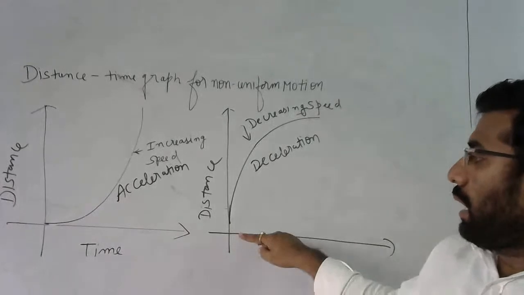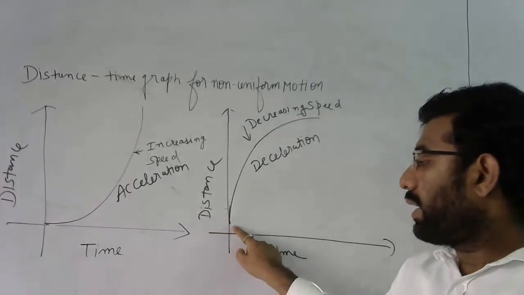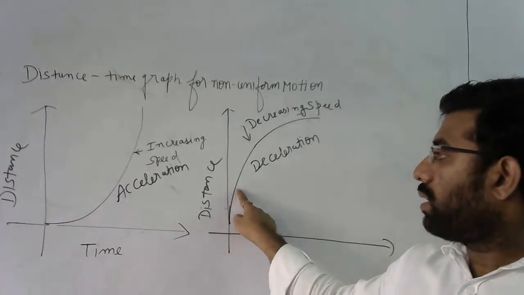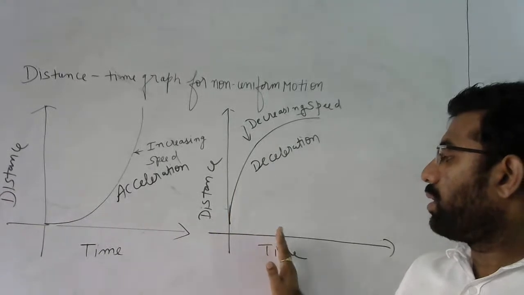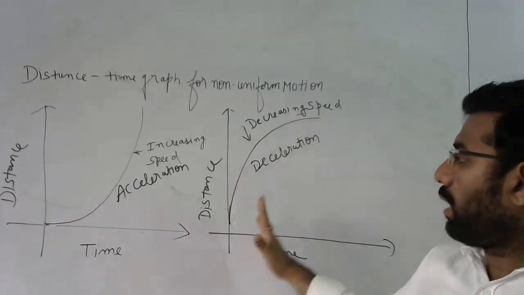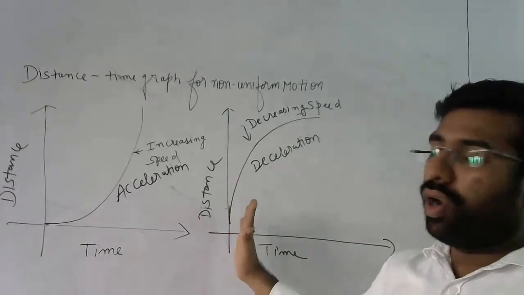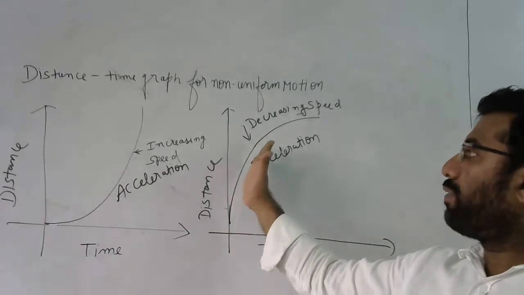See, the second case. Time is starting here. Starting, it rises. The graph is rising quickly, but as the time is passing, its distance is increasing more slowly. Actually, the rate of its movement was very fast, but as the time is passing, the graph is becoming slow.